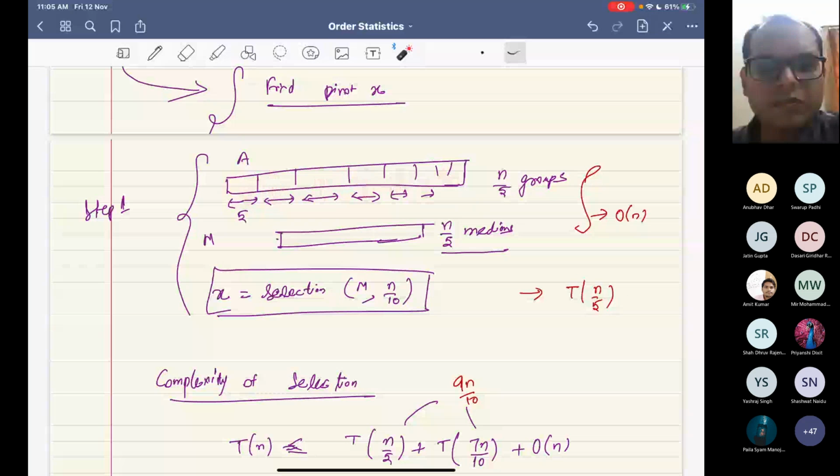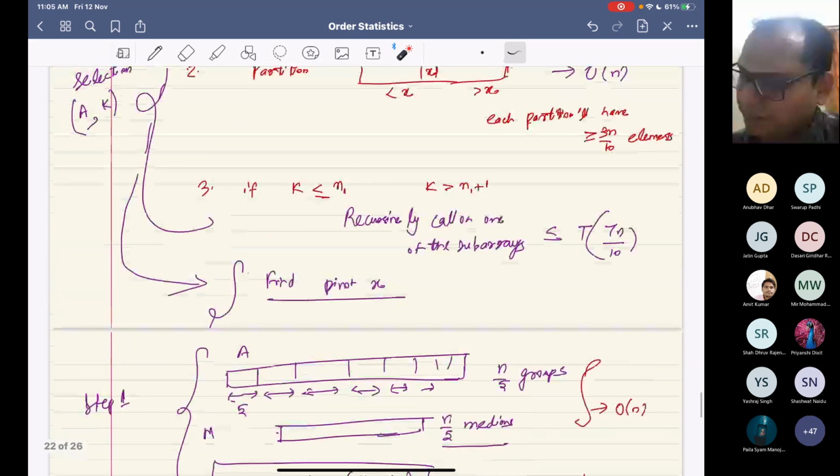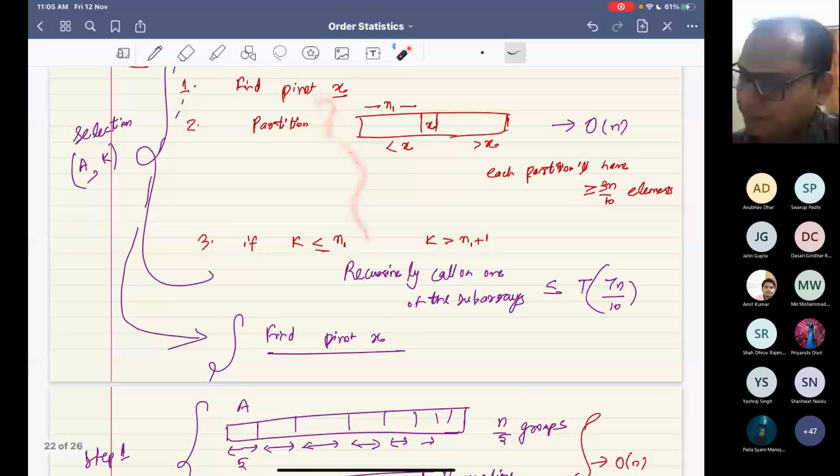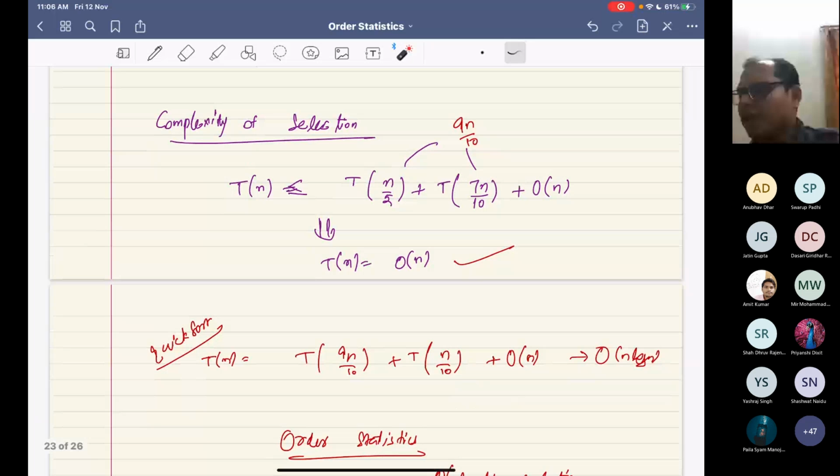You get n by 5 medians, and then recursively call the selection algorithm on this array of medians, get the median of this array. And that becomes the pivot. That's all.